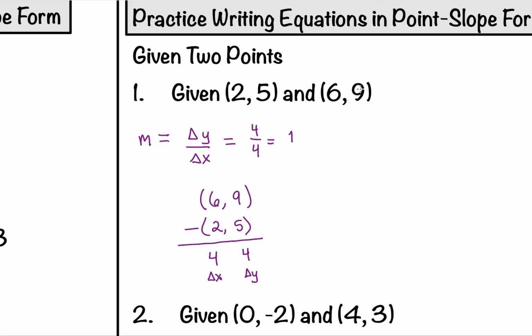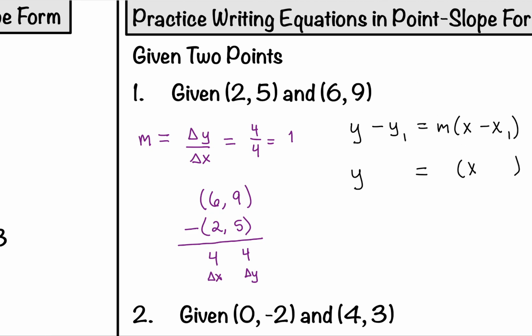Now, we're going to write it into its formula: y minus y1 equals m times x minus x1. Now, for this, again, just like we did in the last video, we're going to do y, open parentheses, x, and there.